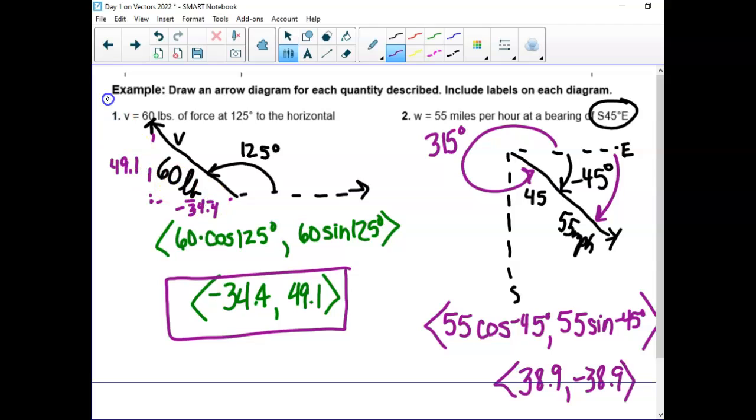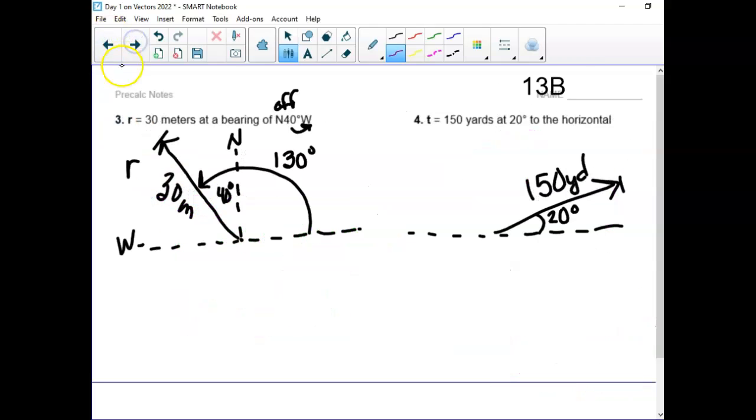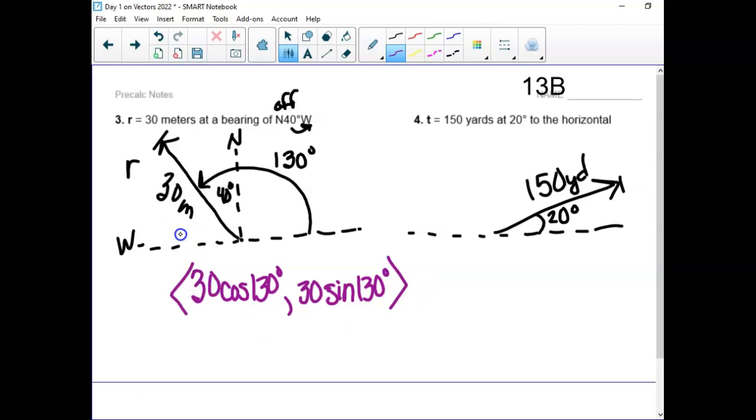Okay, can you come up real quick with numbers 3 and 4? What angle are we using on this one? Yep, the length is 30, the angle is 130. Yeah, x and then y, so cosine and then sine. Because the first one is basically finding this length right here and this.